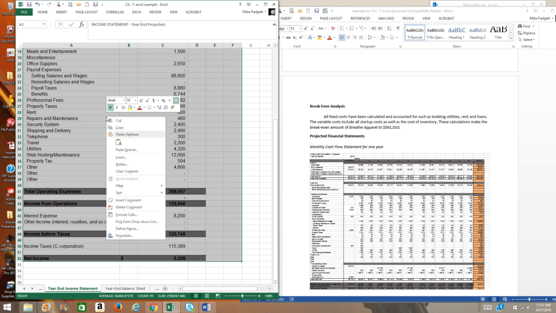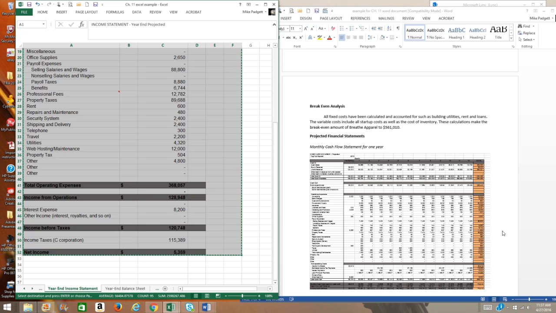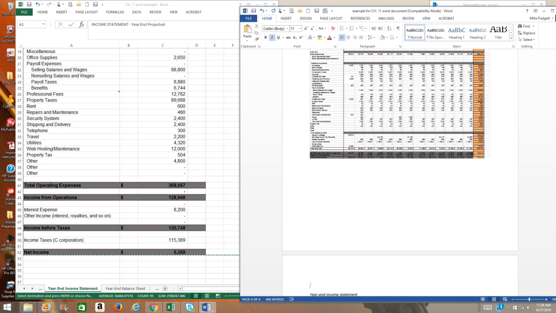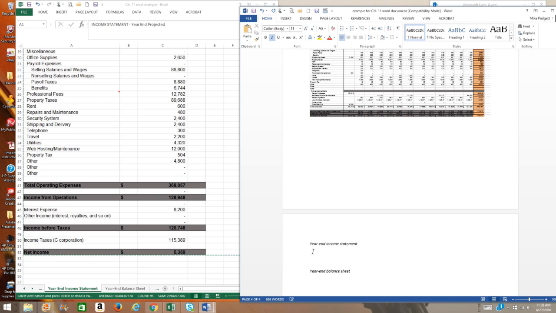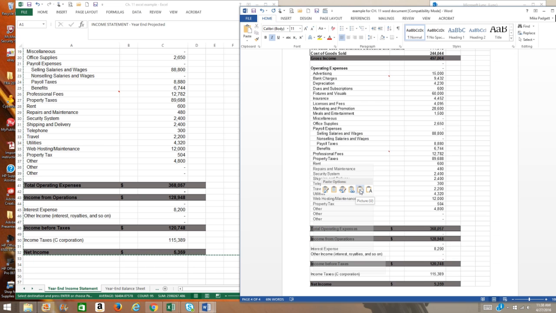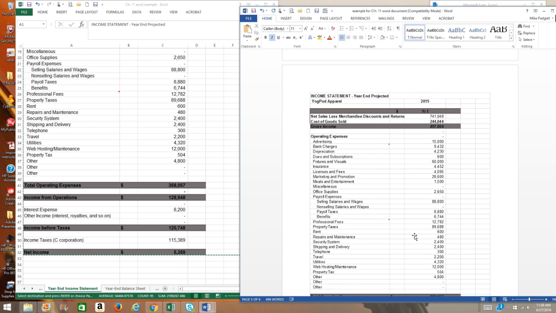So all you're going to do is copy it, and then to paste it in, here, let's move this down. So to put this in, you're going to do paste. I want to say it's this one. Yeah, the picture one, and that'll put it in correctly so you can see everything.